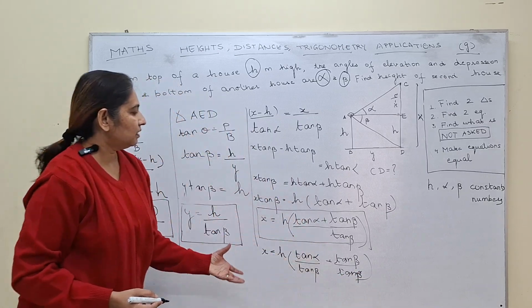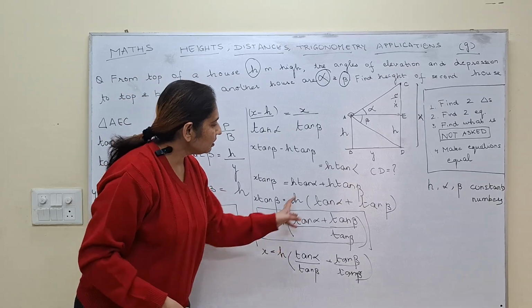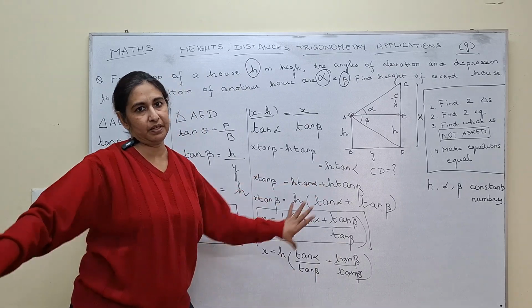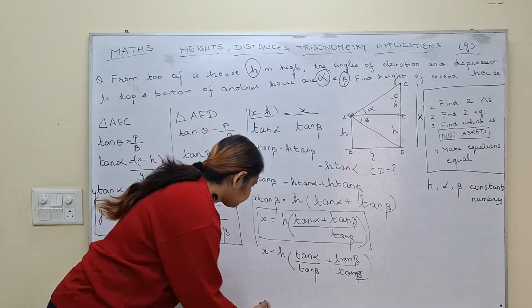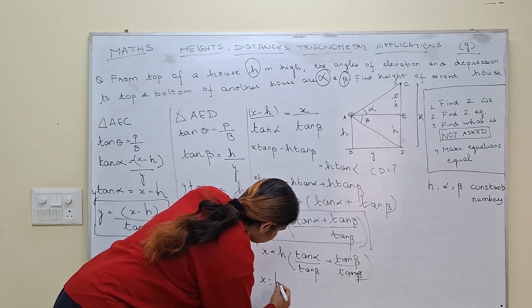We take the LCM and combine two fractions. Here we have one combined fraction and I'm dividing it into two separate fractions. That's all I'm doing.